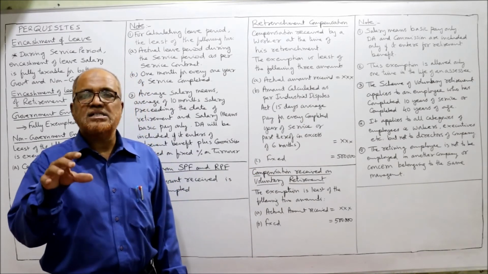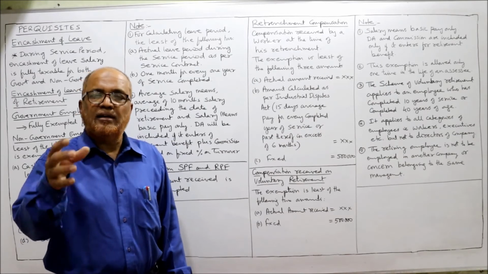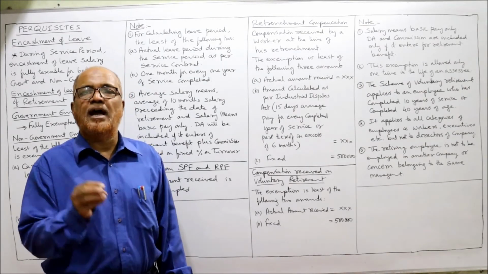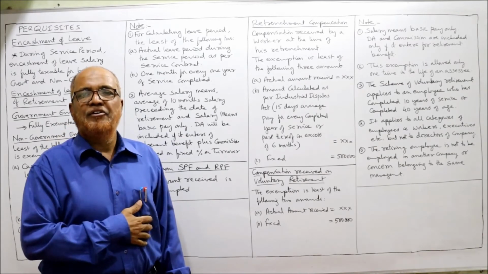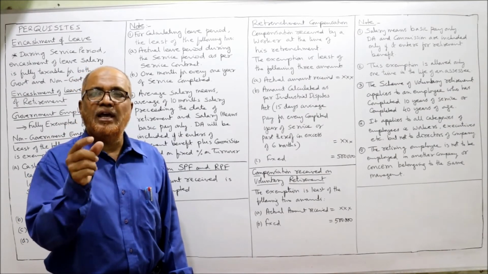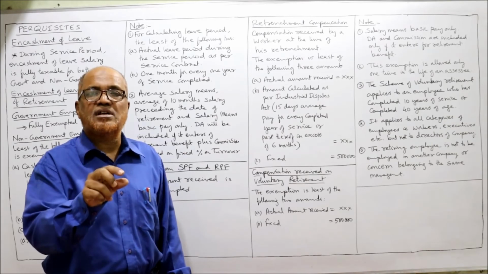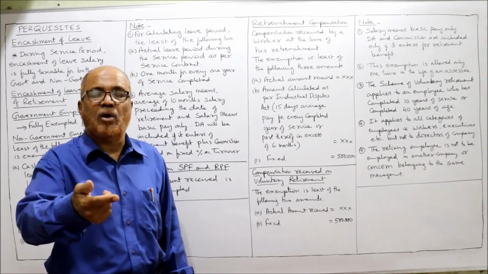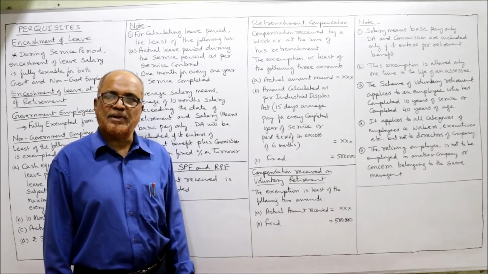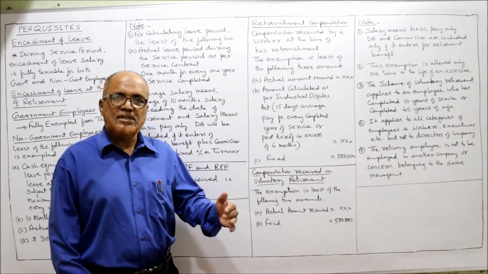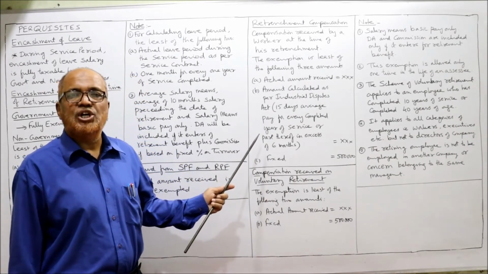So according to Industrial Disputes Act, retrenchment compensation should be paid at the rate of 15 days salary for every 1 year of service completed or a part thereof in excess of 6 months. So this is the limit given by Industrial Disputes Act.